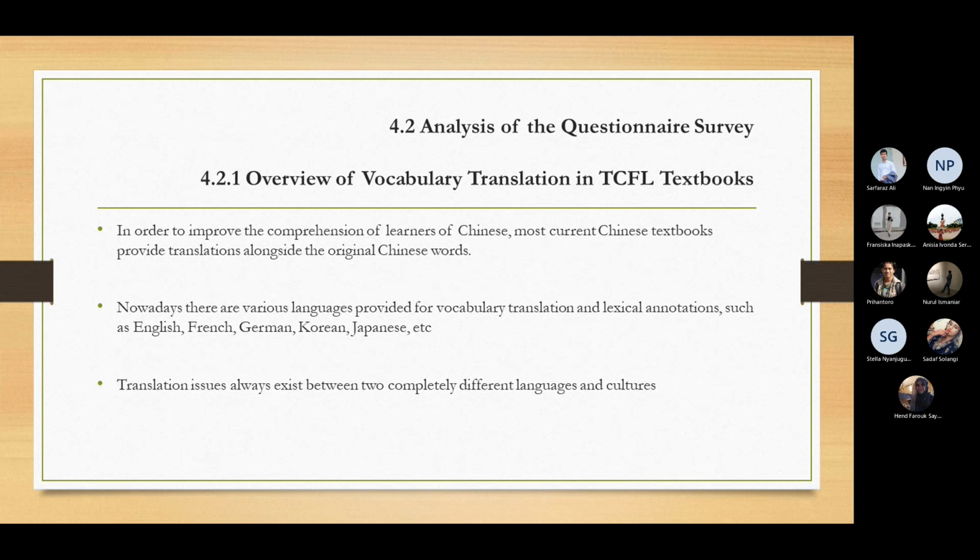He has done all this for the ultimate purpose of improving the comprehension of learners of Chinese, as most current Chinese textbooks provide the translation alongside the original Chinese words. And nowadays there are also various languages provided for the vocabulary translation, lexical annotations such as English, French, Korean, and Japanese, and all these types of lexical annotations and examples are also added.